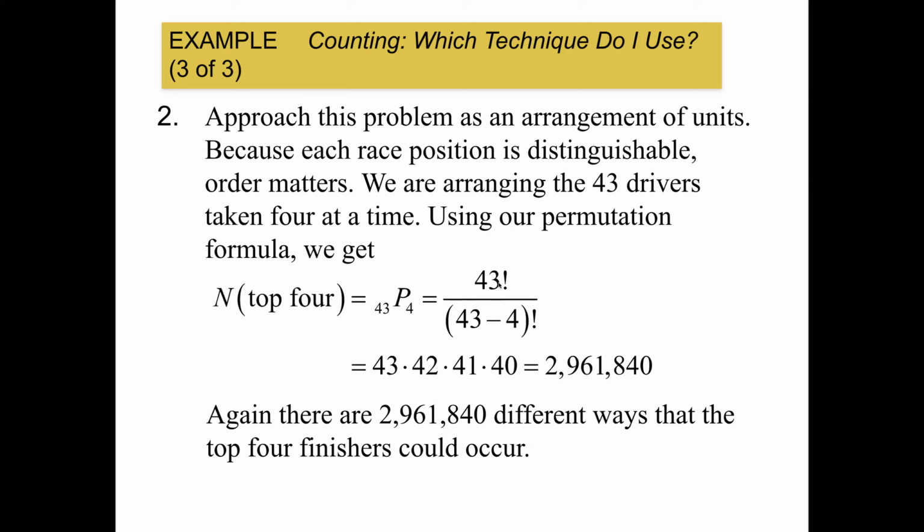I work this out. 43 minus 4 is 39 factorial. So I can eliminate 39 factorial. So it turns out to be 43 times 42 times 41 times 40, which is what we just figured out by a rule of thumb. So the permutations formula and the other way, they both work.